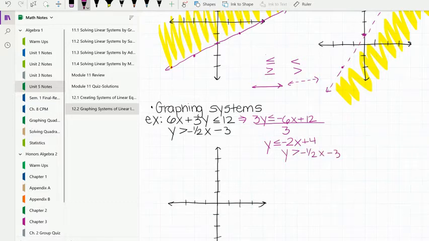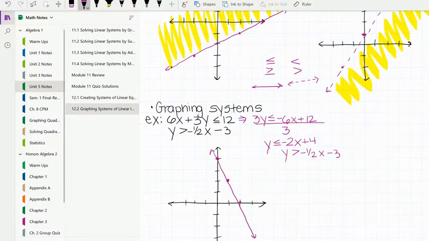All right, so we'll start with graphing our first inequality. The y-intercept is at 4, so we'll start with a point at 4. From there, our slope is -2, so we are going to go down 2 over 1 and down 2 over 1. Now, because it has an equal to symbol, that tells us that this is going to be a solid line, so we will go ahead and graph it with a solid line.